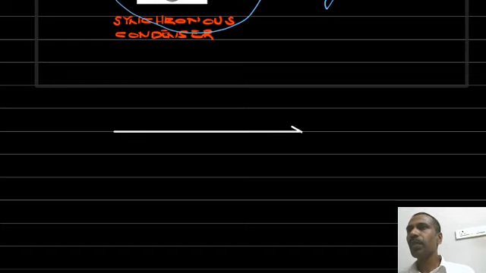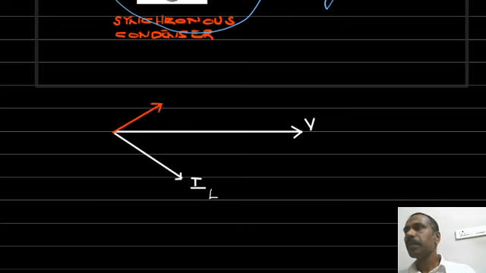Suppose this is our voltage. This is the load current. Now you have connected the synchronous condenser. Suppose this is the synchronous motor current. Let it be IM.